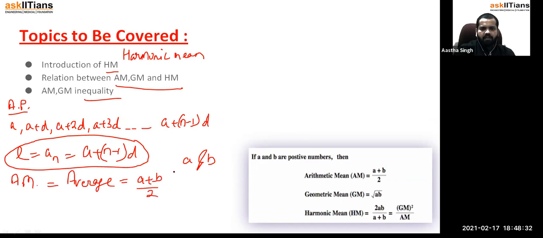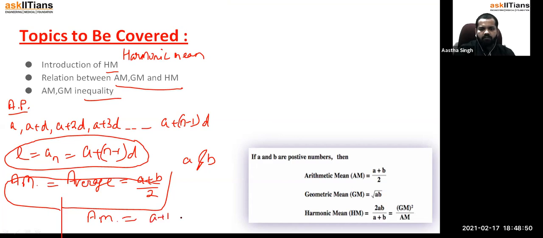So just remember, the arithmetic mean between two numbers a and b is a plus b by 2. What about many numbers? Then the arithmetic mean will be the addition of all these numbers divided by n numbers.